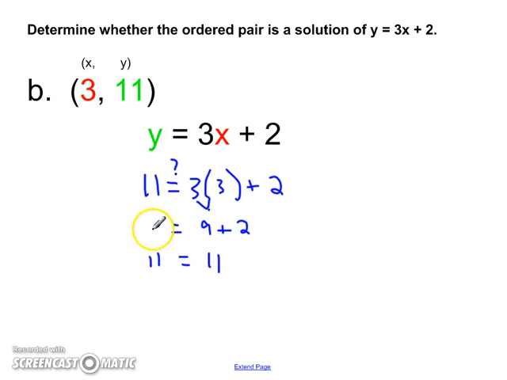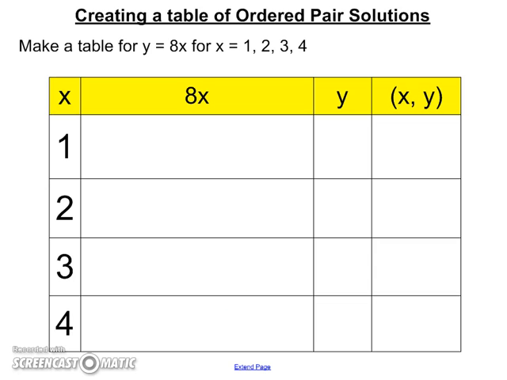Well, 11 equals 11, so yes, this is a solution. Now, these were just simple equations, but if you were checking more complex equations, you'd do the same thing. Put the given values in, and check to see, is the left-hand side equal to the right-hand side? Is there balance?